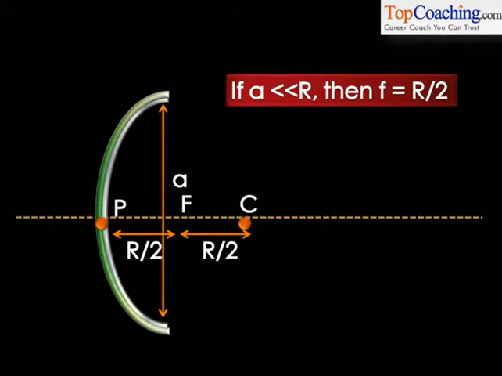Our mirrors are so small that the aperture, the top-bottom distance of the mirror, is very small compared to the radius of curvature of the mirror. And therefore we will always assume in our discussion that the focus lies at a distance halfway or midway between the pole and the center of curvature. The focal length, small f, is R by 2 for us. Understood? So this is an important point.